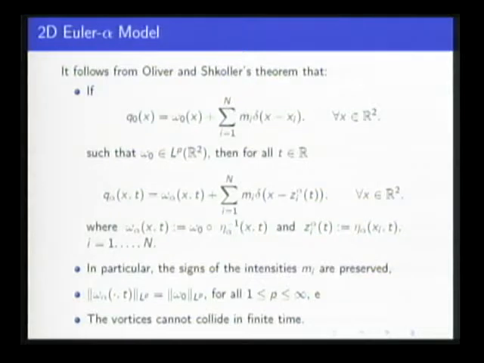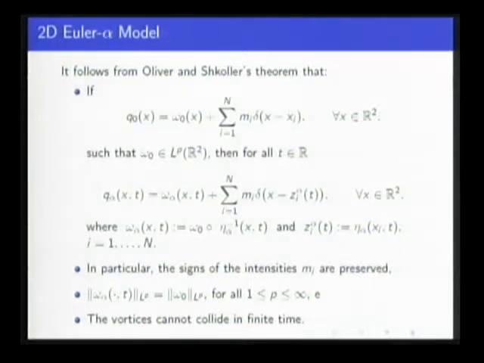And in particular, it will follow from the fact that the vorticity is transported by the flow and we have a divergence-free velocity, that the L^p norms of the background vorticity omega^alpha are conserved, and that the signs of the intensities m_j are also preserved.